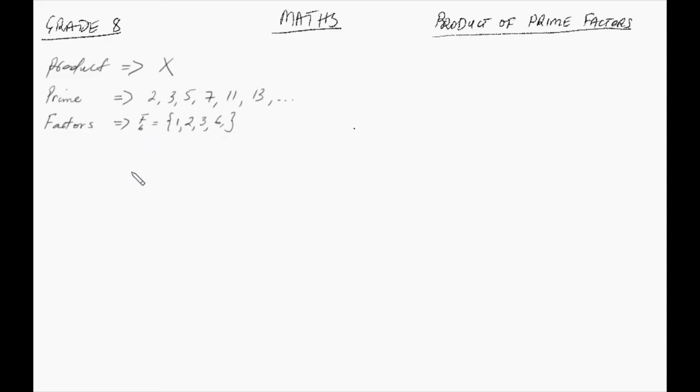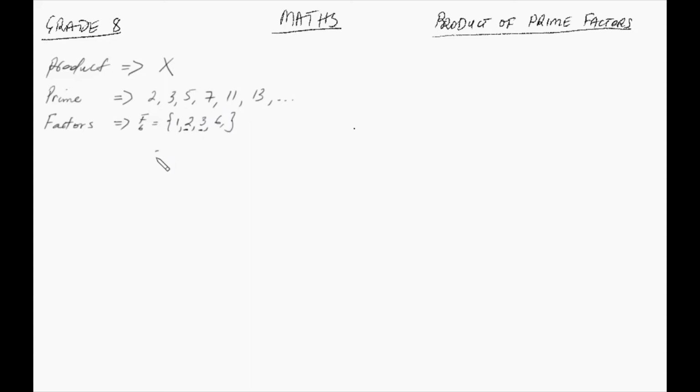But amongst these factors of 6, there are prime factors. Which are the prime factors? They are 2 and 3, because 2 and 3 are prime numbers. Because they are prime numbers which are also factors of 6, we call them prime factors. Now, product of prime factors.